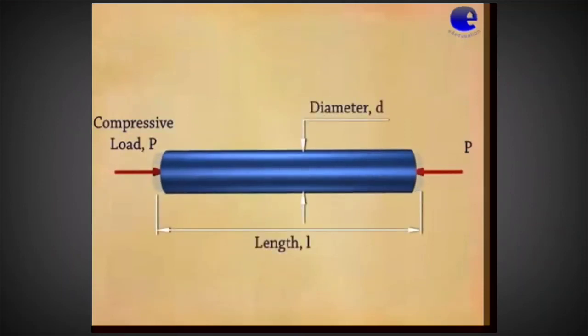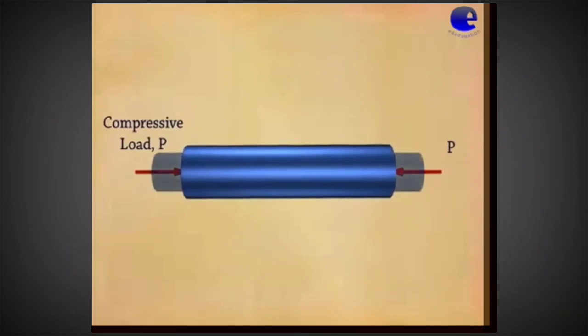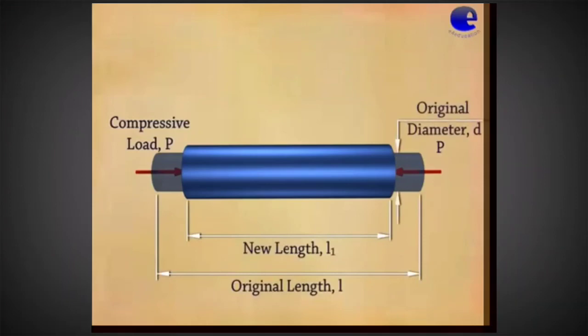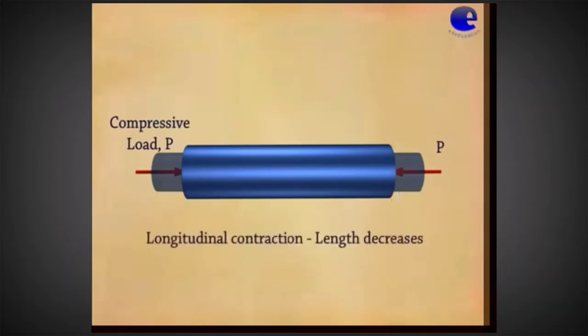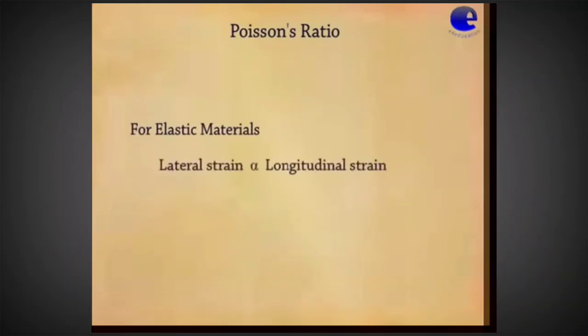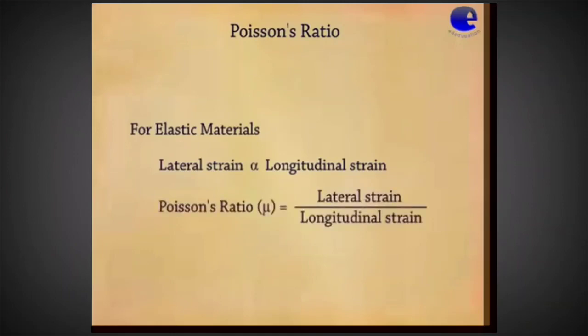When the compressive load is applied on both ends of the rod, in longitudinal contraction the length decreases, and in lateral elongation the diameter increases. The lateral strain is directly proportional to the longitudinal strain. Poisson's ratio is equal to lateral strain divided by longitudinal strain.